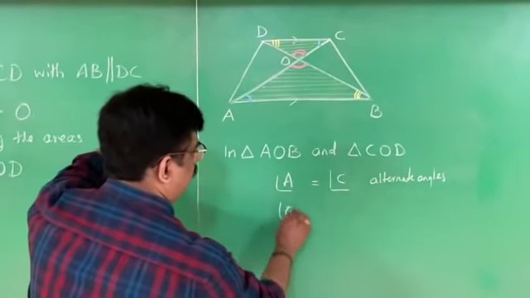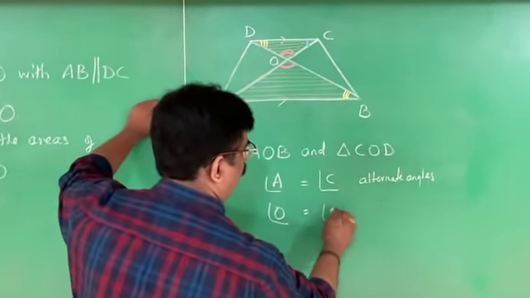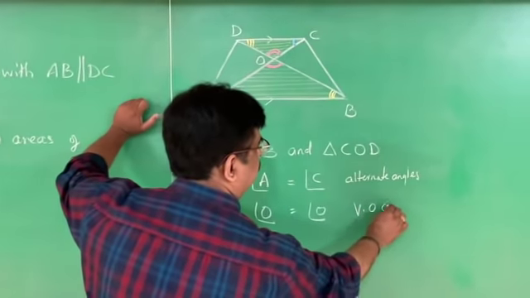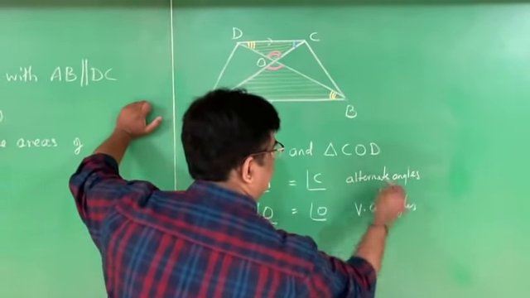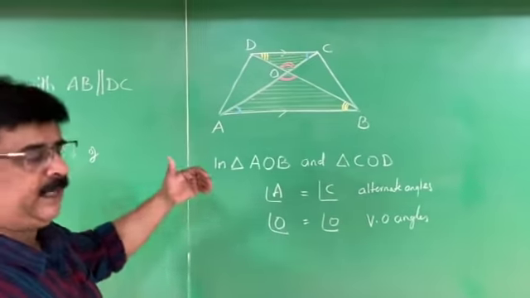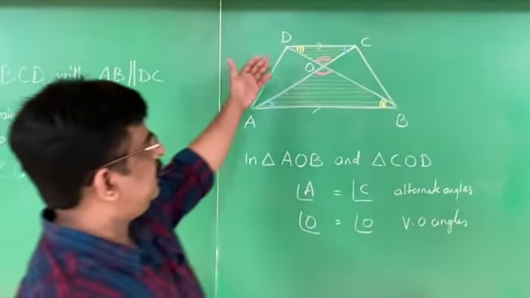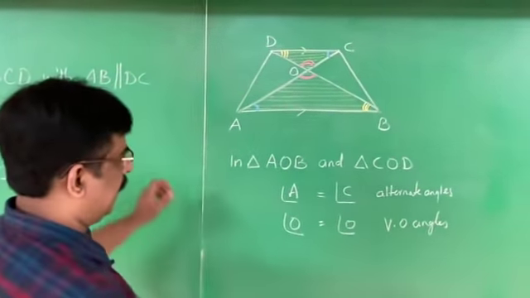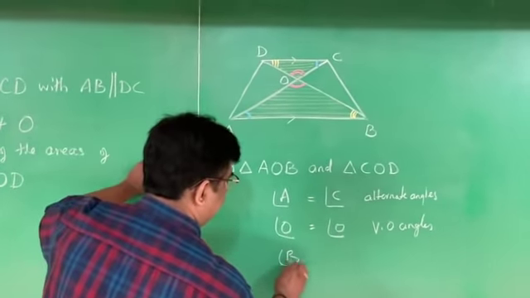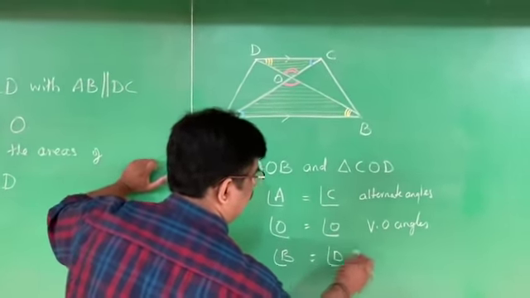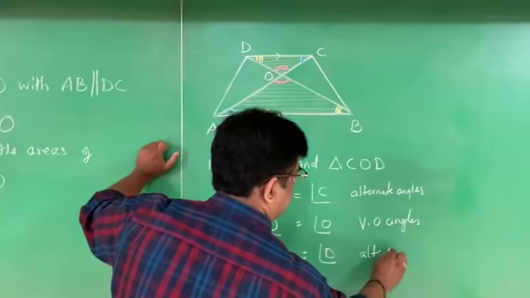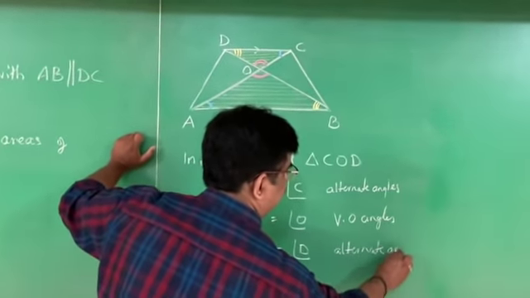Angle O is equal to angle O, vertically opposite angles. Two angles are sufficient. There is no need for finding the third angle, but it is easily available here. Therefore, we are writing that. Angle B is equal to angle D. That is also alternate angles.